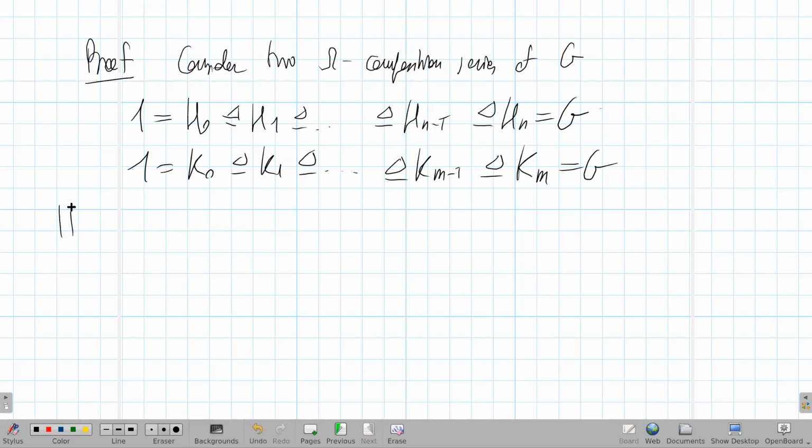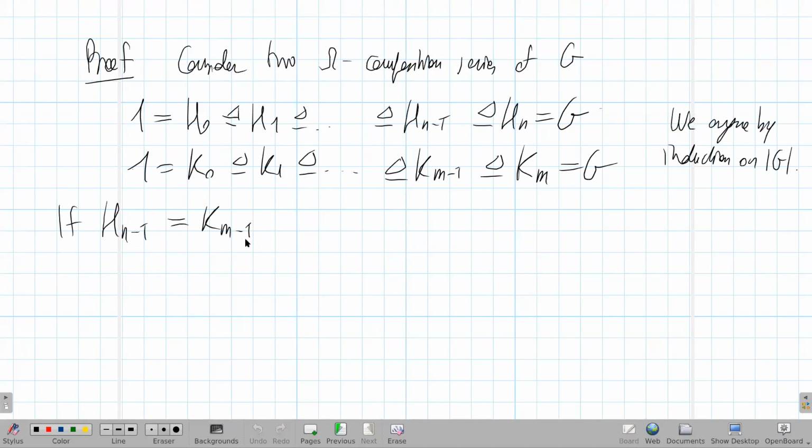If Hn-1 is equal to Kn-1, okay, so we argue by induction on, let's say, the order of G. Or I could add an induction on the length of one of the two series, but since these are finite groups, I can argue by induction.